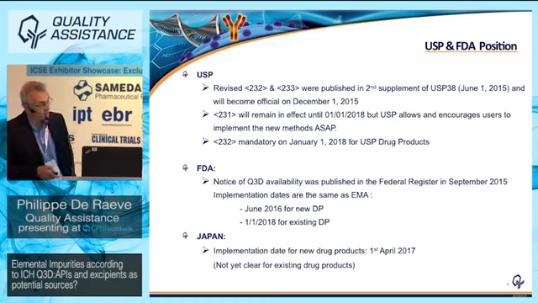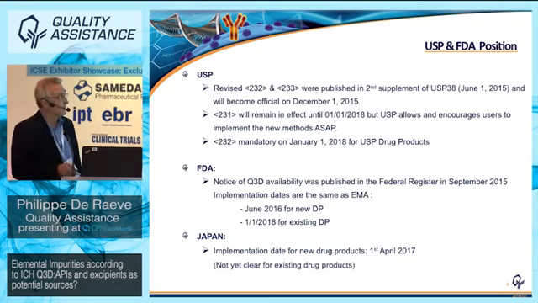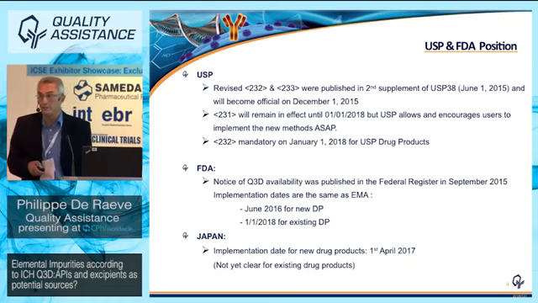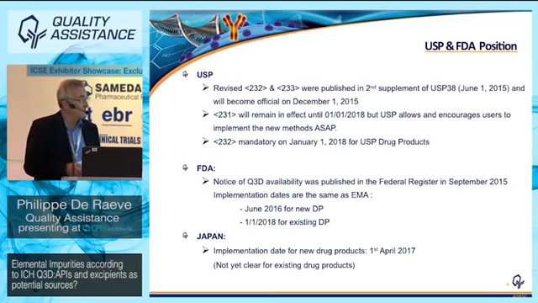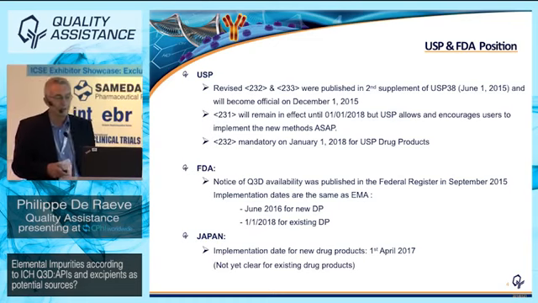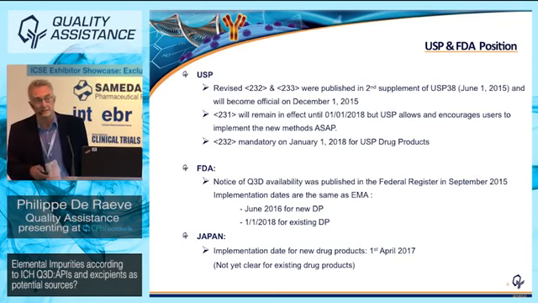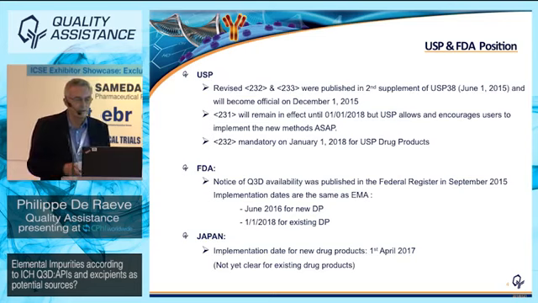FDA, in September this year, has published in the Federal Register a notice of Q3D availability. Once again, implementation date will be the same, June next year for new drug product and 1st January 2018 for existing drug product. And very recently, last week, Japan also announced an implementation date for the new drug product that will be 1st April 2017. It's not clear yet what they will do for existing drug product, but it will come too.